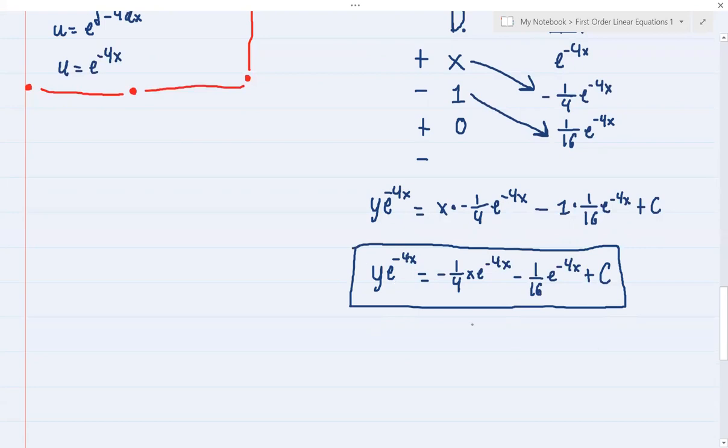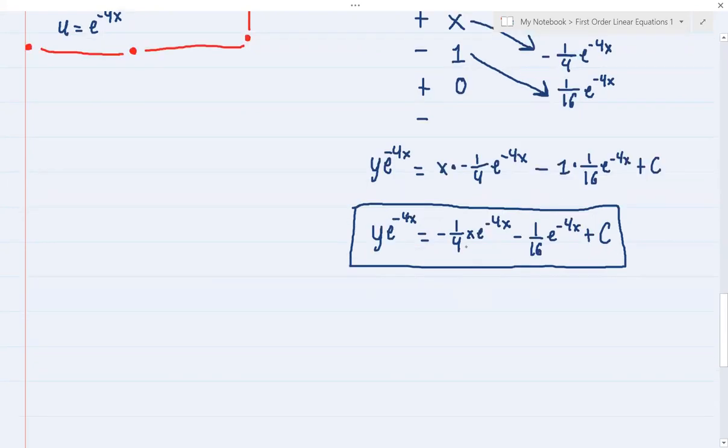You can actually simplify this one too. If you simplify this by factoring out 1/4 and e raised to negative 4x, we will have y times e raised to negative 4x is equal to negative 1/4 times e raised to negative 4x times (x plus 1/4), plus c.